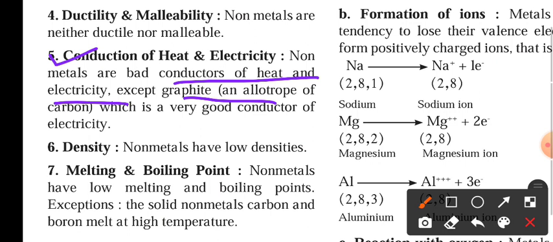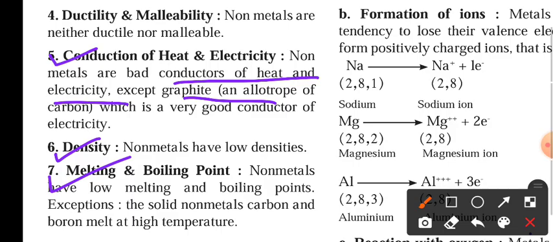Now about density. Non-metals have low density. Metals, as we studied, have high melting and boiling points and high density, and here non-metals have low density and low melting and boiling points.